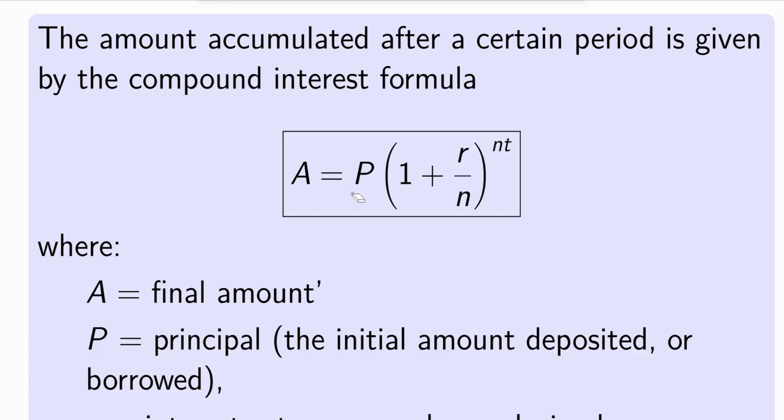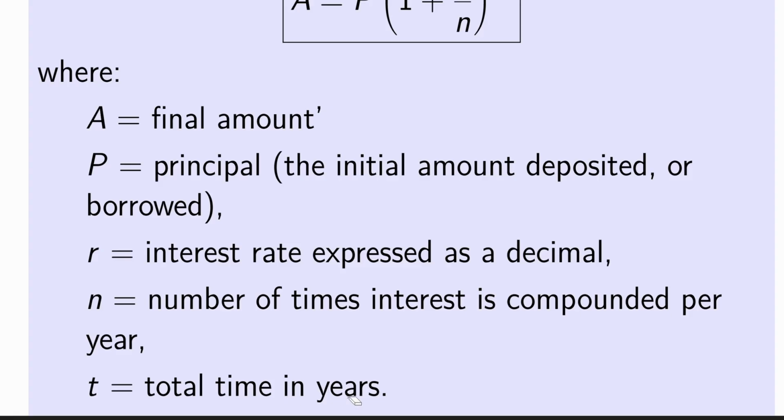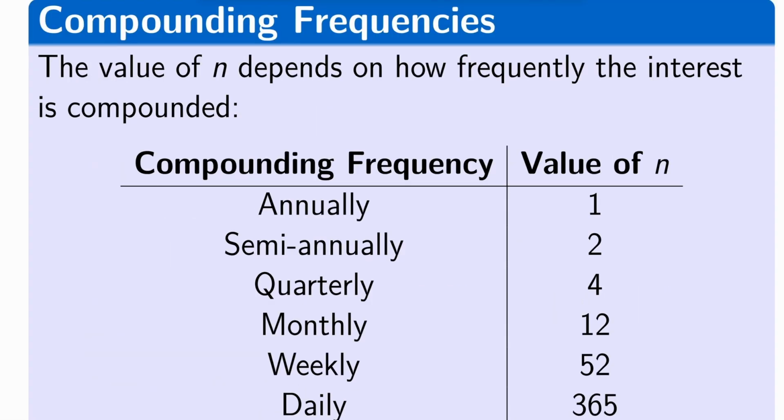We have A is equal to P into brackets 1 plus r on n, brackets close, exponent n times t, where A is the final amount, that's the amount obtained after the investment period, and P is the original amount invested in the account, and r is the interest rate expressed as a decimal, and n is the number of times interest is compounded per year, and t is the total time in years, that's the total time of the investment. How do we compute n?